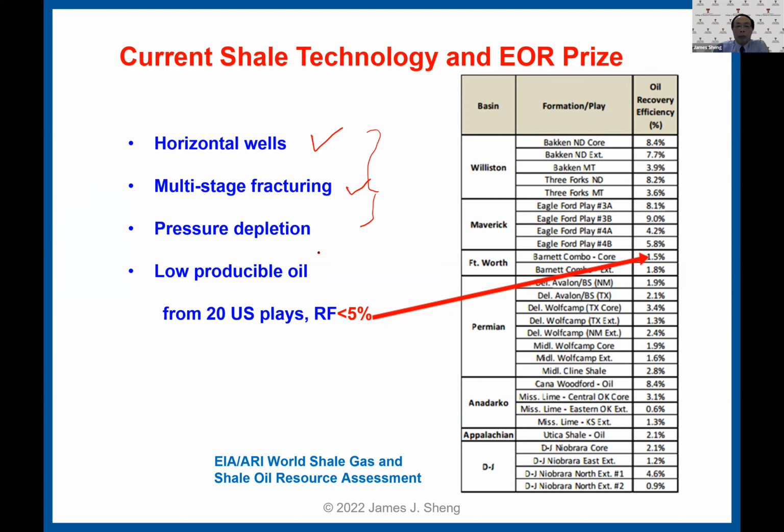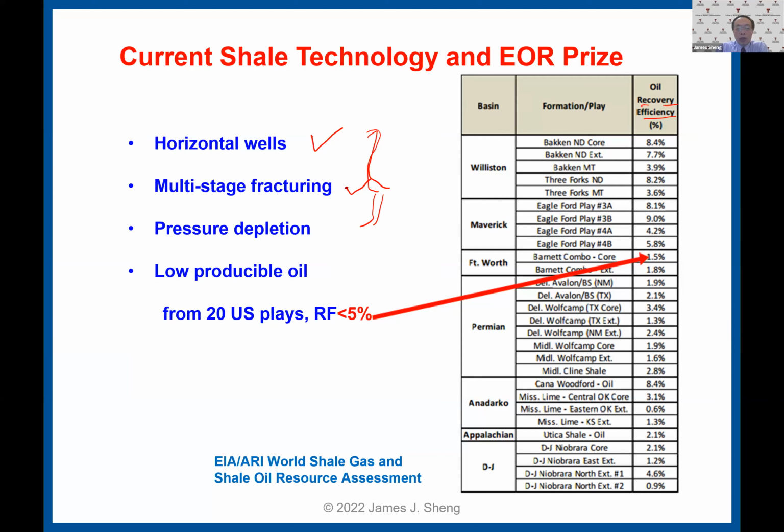Then let's look at, based on this technology, how much oil we can produce. In the right-hand side table, you can see the oil recovery factor for about 20 US plays. You can see most of them are below 5%. Therefore, the EOR prize in tight and shale reservoirs is huge, because more than 90% of the oil remains in the reservoir if we use the current technology.